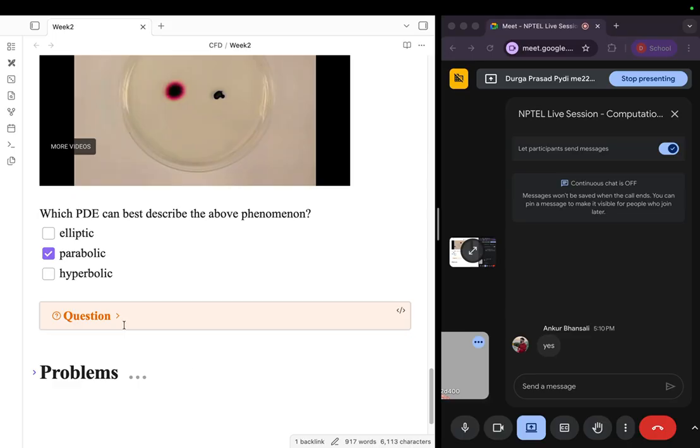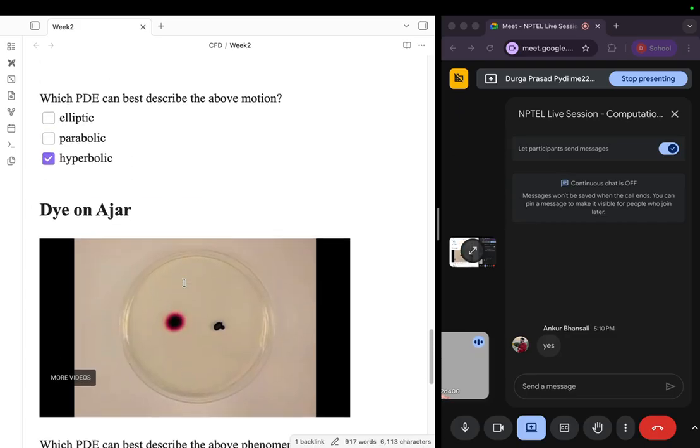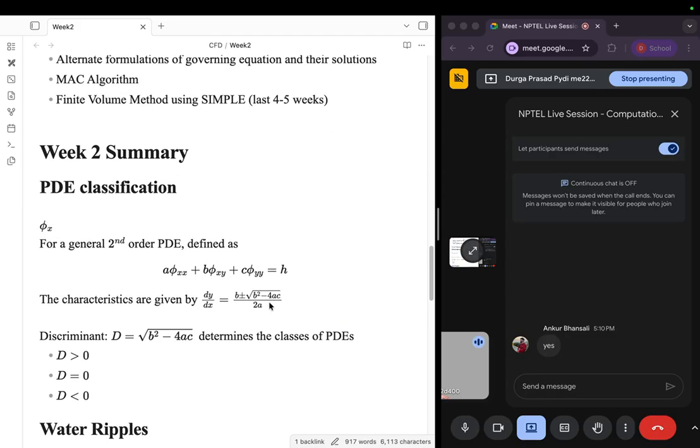Okay, can you give an example of an elliptic problem? Elliptic is the one which is not either of these, so it should be a scenario where I have the discriminant less than 0.